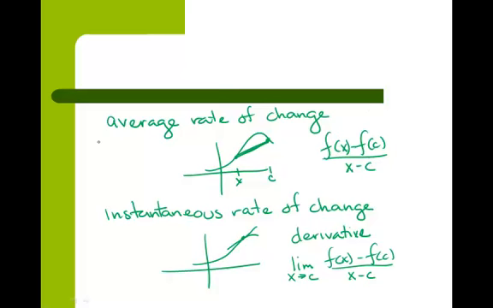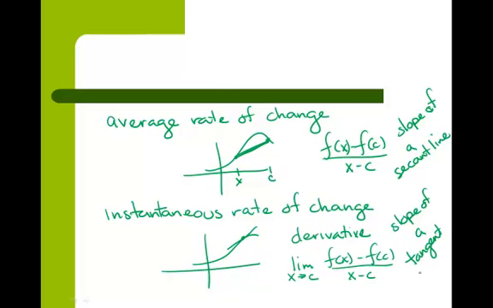Basically, the average rate of change is the slope of a secant line where the instantaneous rate of change is the slope of a tangent line.